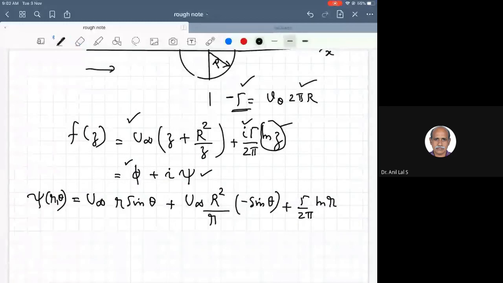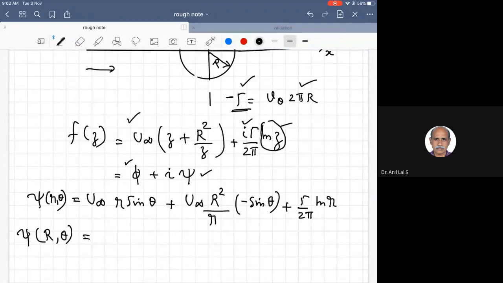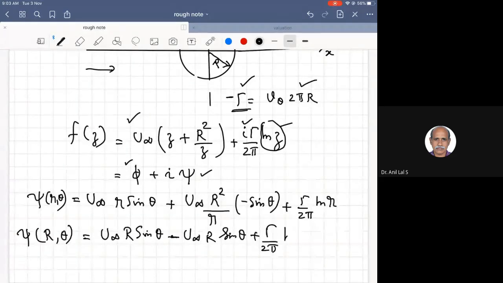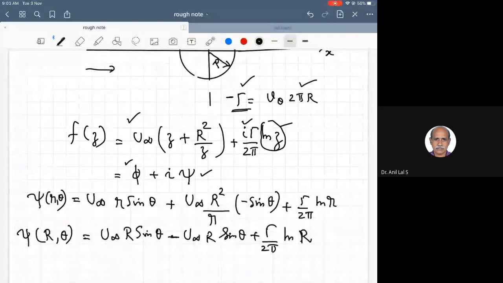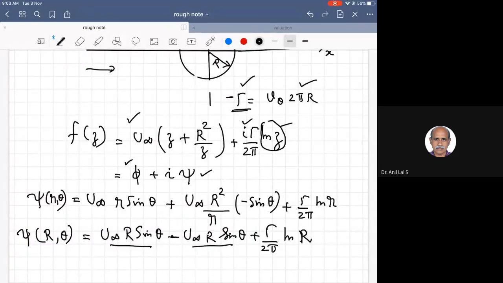That can be obtained by taking psi at small r equal to capital R. So you will have U infinity capital R sin theta plus U infinity capital R squared by capital R, which is going to be R sin theta with a negative sign, minus sin theta, plus gamma by 2 pi logarithm natural capital R. In this, the first term and this term cancel, and psi on the surface of the cylinder has the value gamma by 2 pi log R.